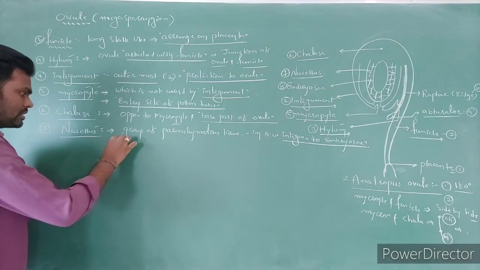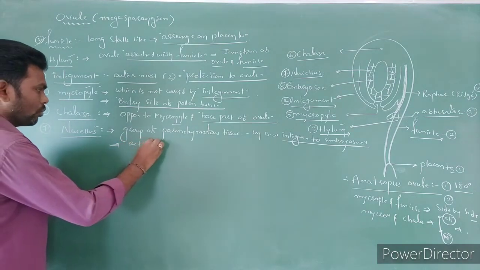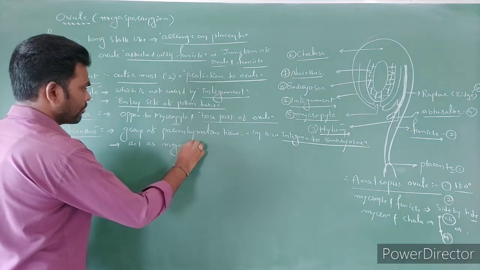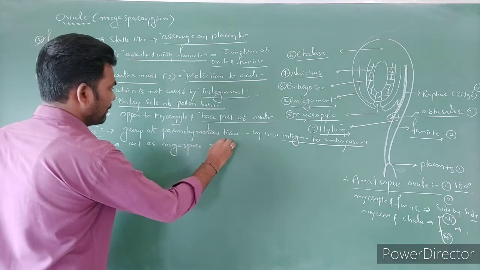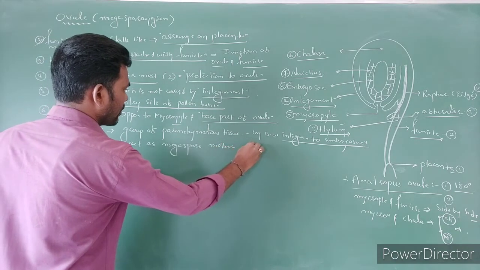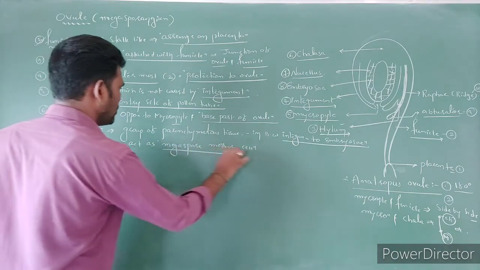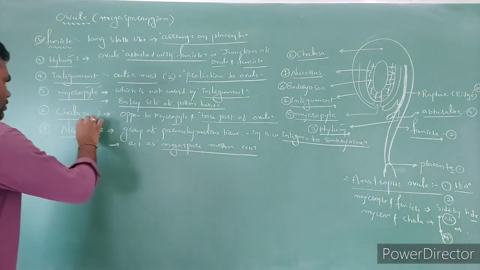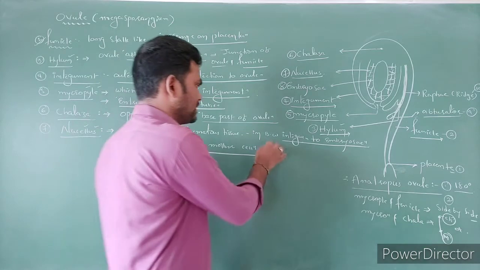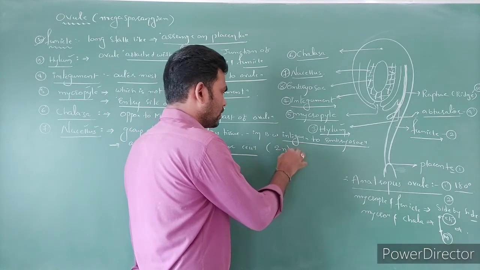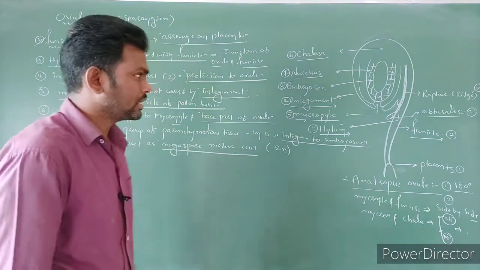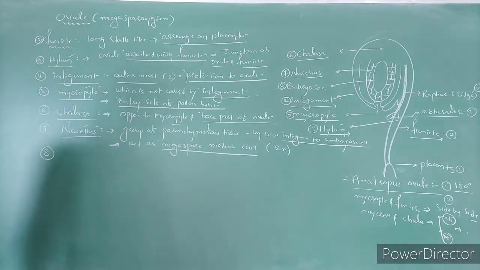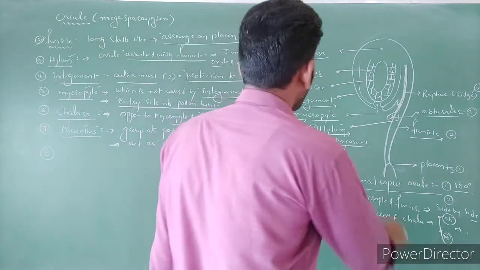Nucellus cells act as the megaspore mother cell. What is the ploidy of the megaspore mother cell, or of the nucellus? What you have to write? The ploidy is diploid, 2n condition, right? Clear? Next, the eighth label is the embryo sac.